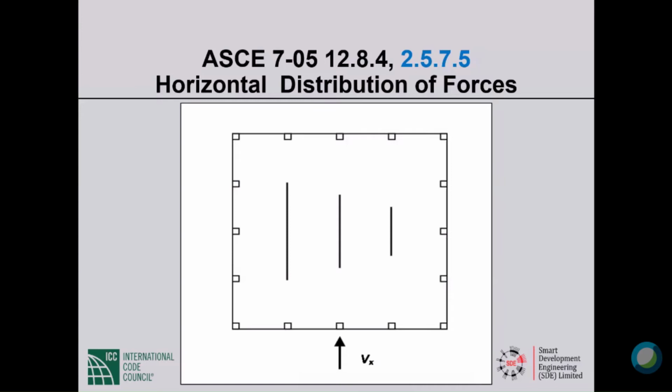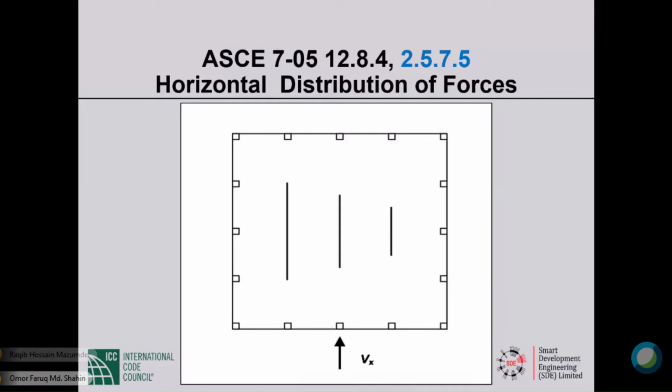How much force is needed to impart 1 unit of interstory displacement to one of those resisting systems? The higher the force, the more rigid the system, and the larger proportion of V sub x it picks up.